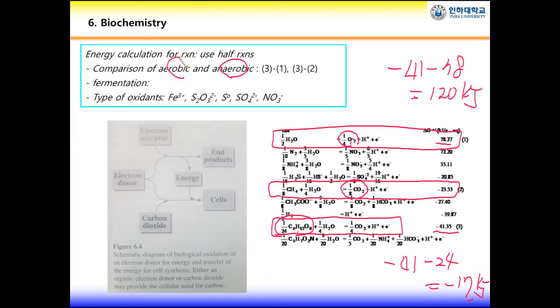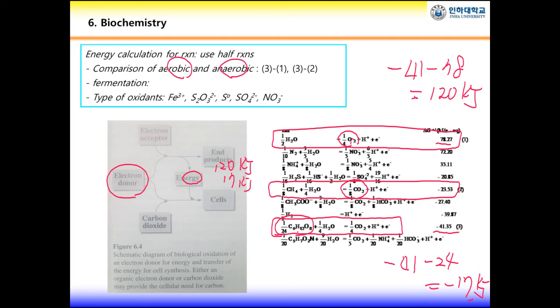So if we compare these two, aerobic and anaerobic process, which process will make more cells? For the same amount of electron donor, in the aerobic case 120 kilojoule is available, and in the anaerobic case only 17.